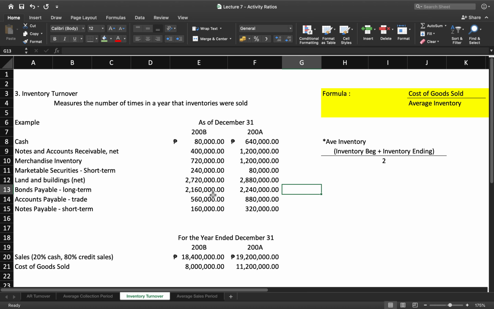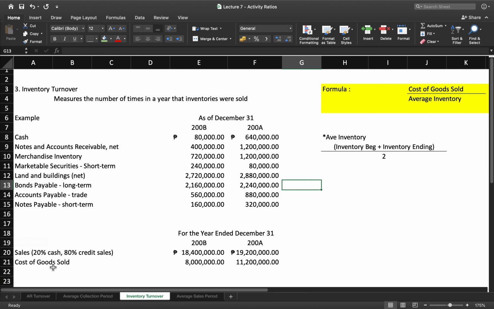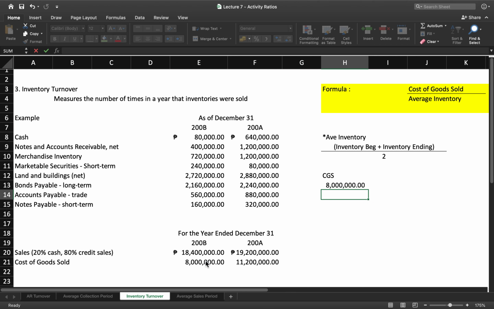So, in our problem here, the information given, so binigay naman yung ating cost of goods sold. So, let's try using itong 2000B because it is the current year. So, cost of goods sold. Ano daw siya? 8 million.